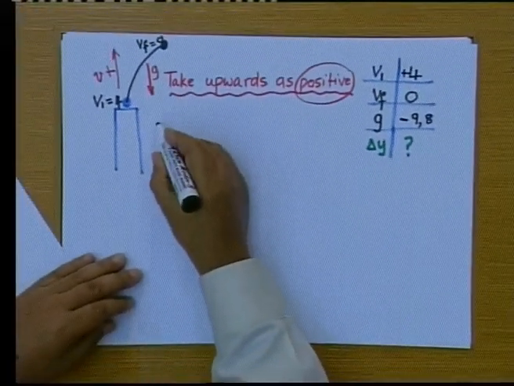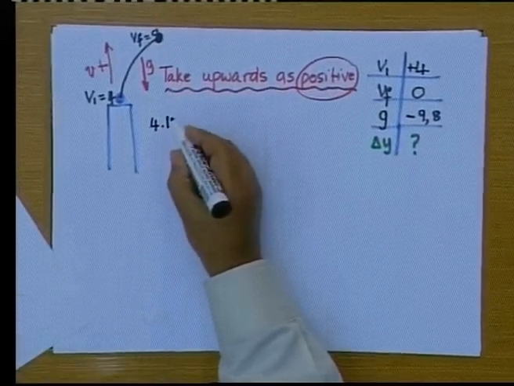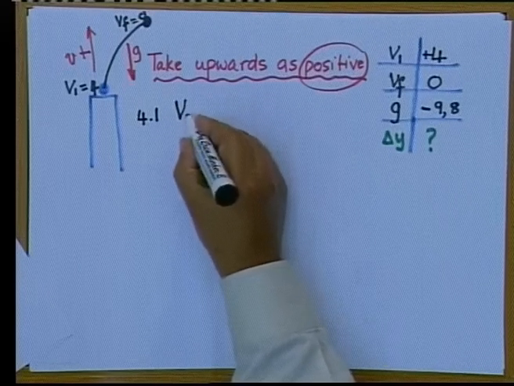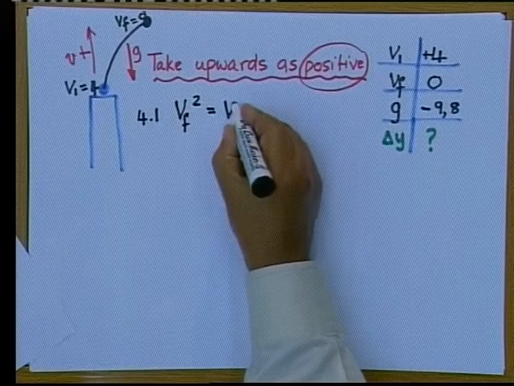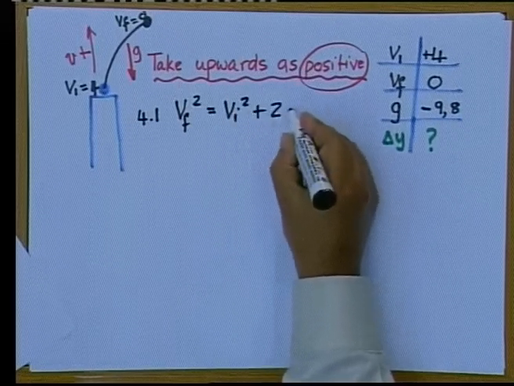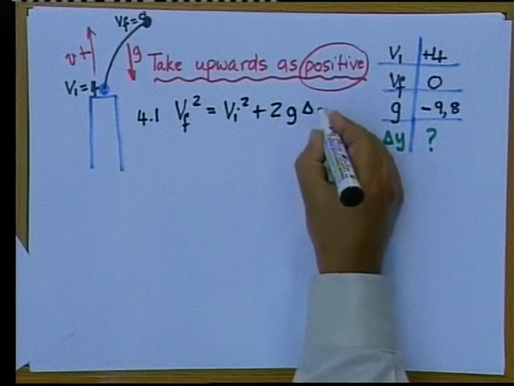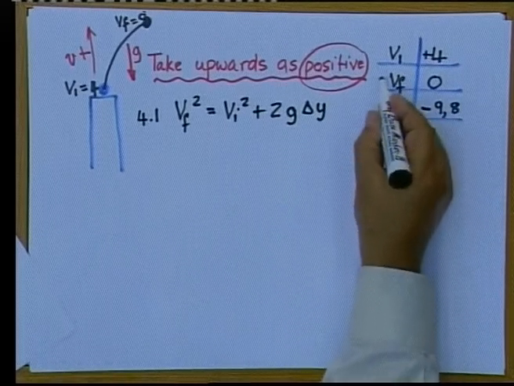I then say in 4.1, I have the following. I write down that the final velocity squared is equal to the initial velocity squared plus 2 times g and then delta y. And then I simply substitute from here.